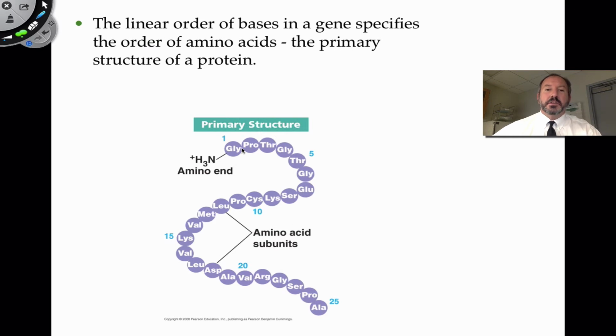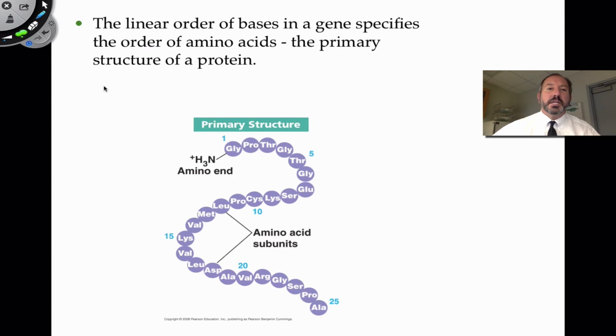And so if it's glycine or proline or threonine or glycine or lysine or proline or leucine or methionine, that particular primary sequence, or the primary structure, in other words, the amino acid sequence of a protein, is very critical, because that ultimately will determine the type of folding that will occur in the secondary and tertiary and even ultimately the quaternary level of protein structure.